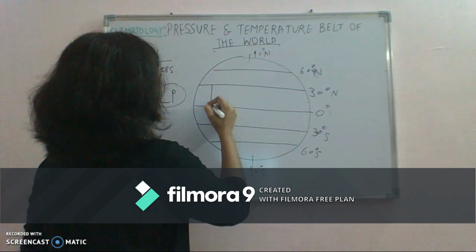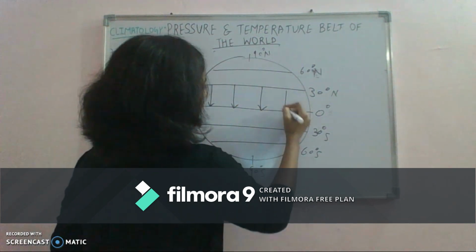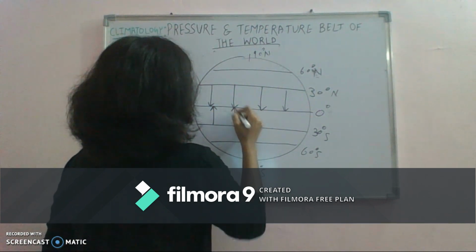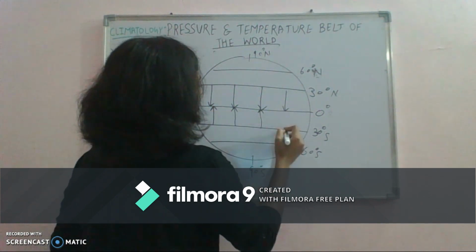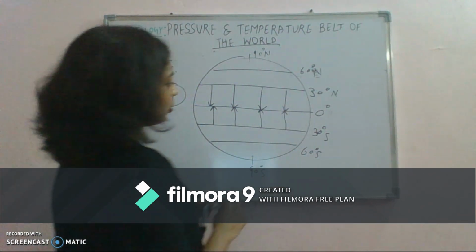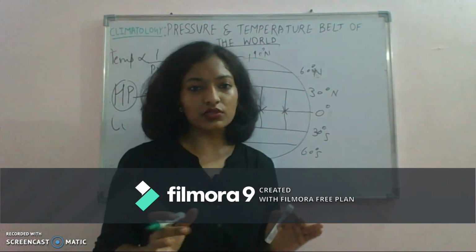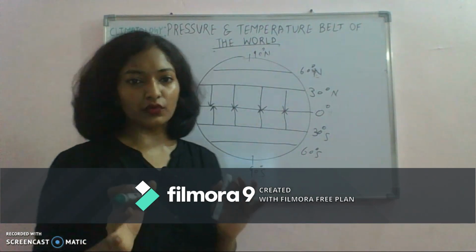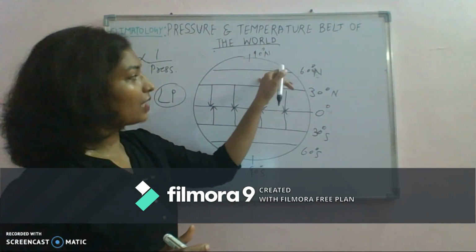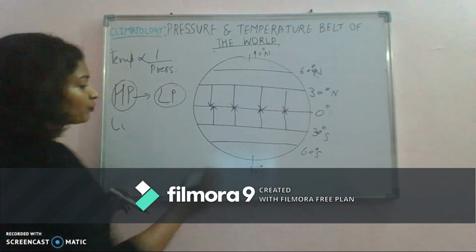So the wind moves from here to here, towards the equator. Similarly in the southern hemisphere, it moves from high pressure to the low pressure equatorial zone. As we discussed about the Coriolis force, its main purpose is to deflect the wind in the northern hemisphere to its right and in the southern hemisphere to its left.